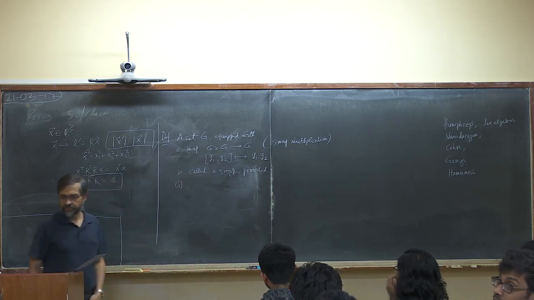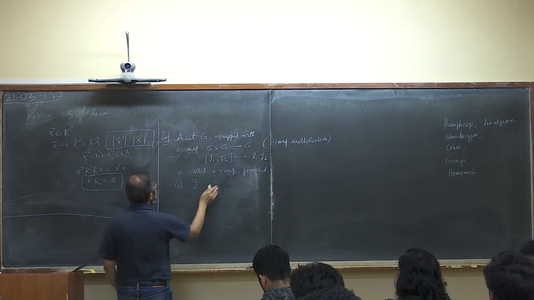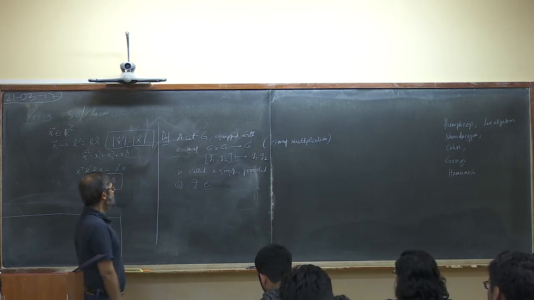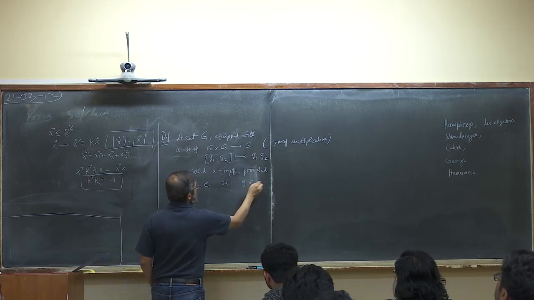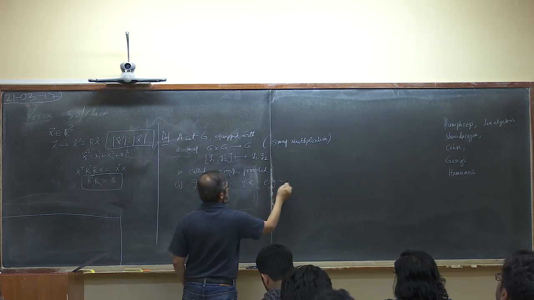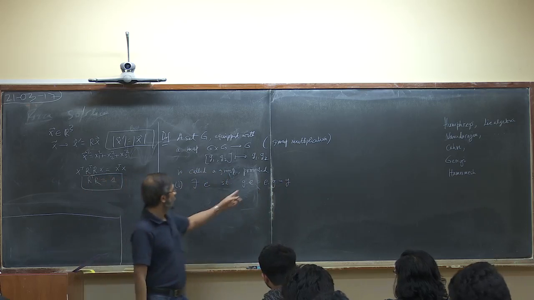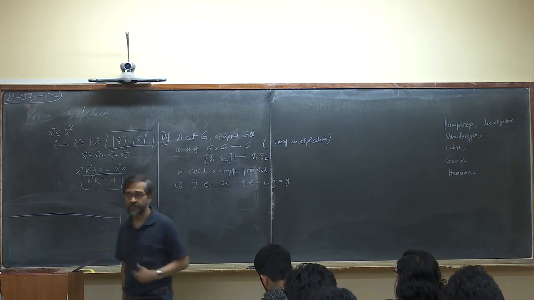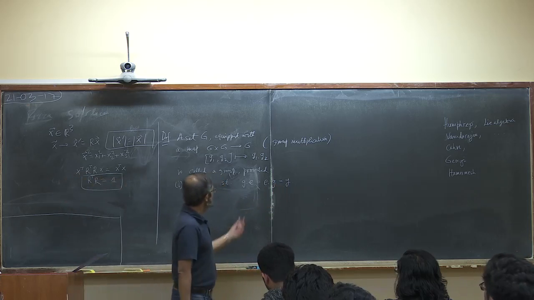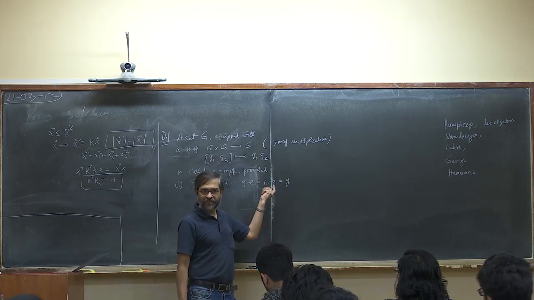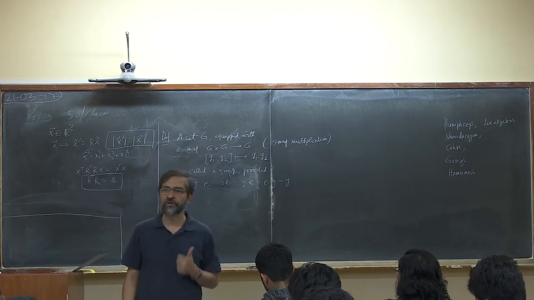Number one is that there should be a special element which is called identity, such that whether I multiply G on the right by identity or on the left by identity, I should get back G. Since I am writing this separately, you can imagine that I am considering the general case in which the multiplication is not commutative.